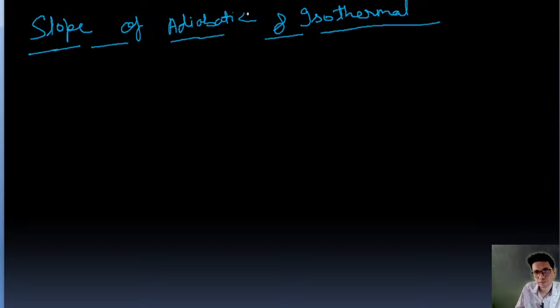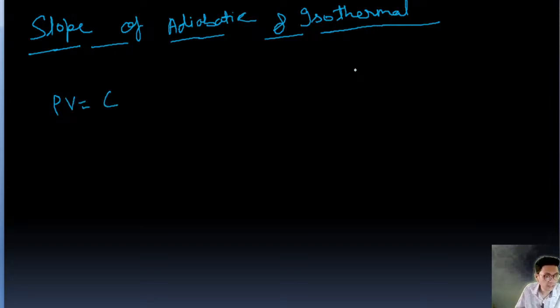Okay, so we'll first study the slope of adiabatic and isothermal processes. In the case of isothermal, we know that PV equals constant, right?